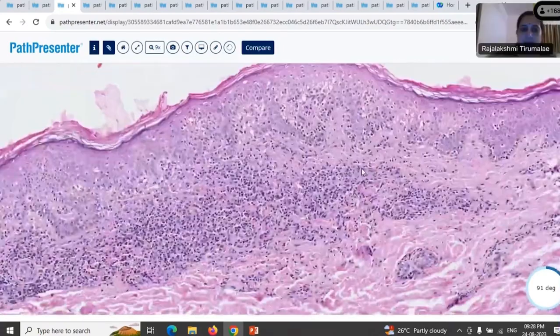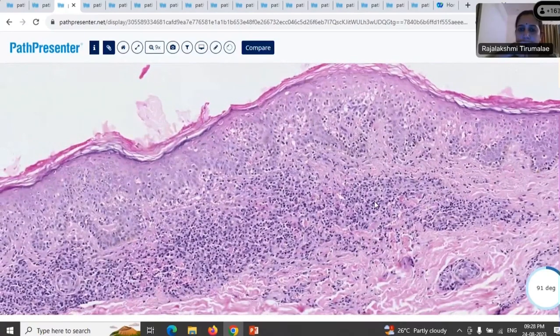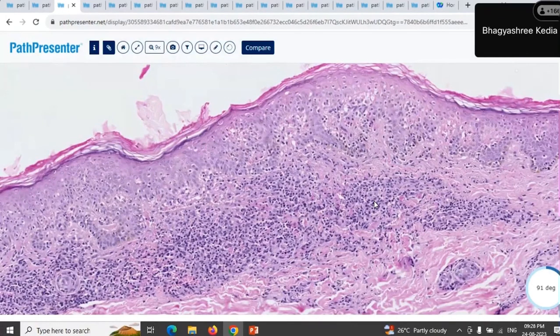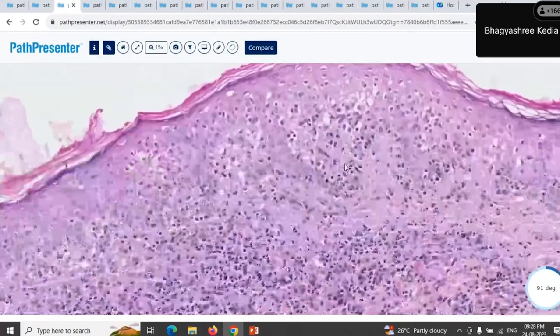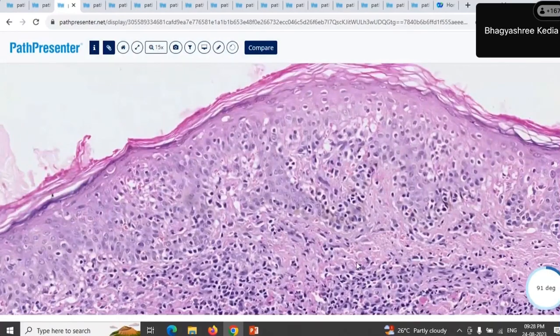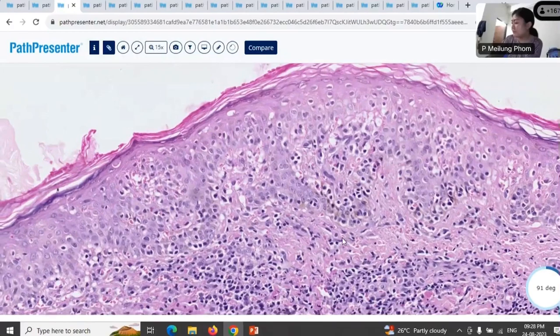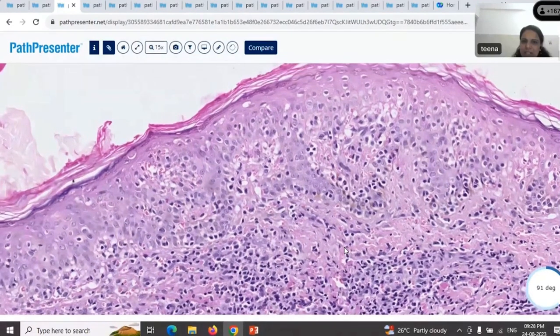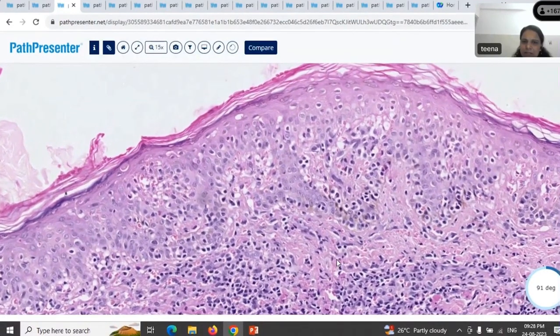What else? What about the epidermis? What's happened to the epidermis? What are you seeing here?